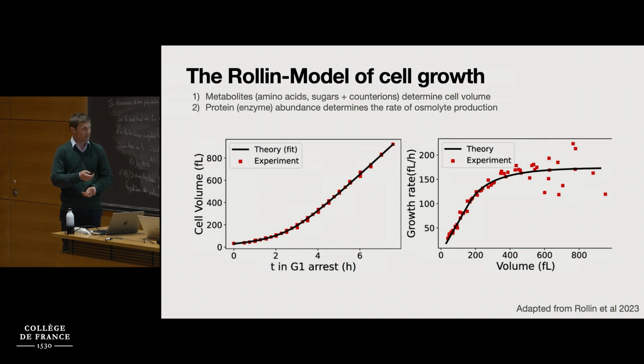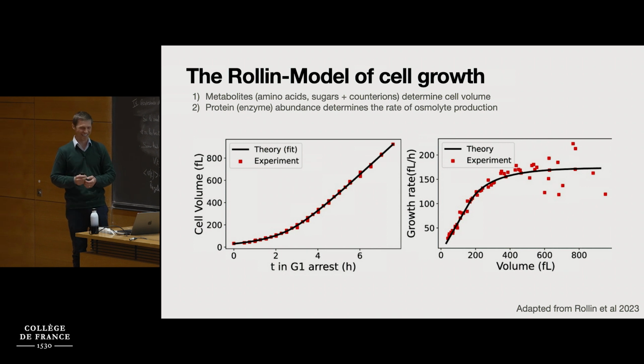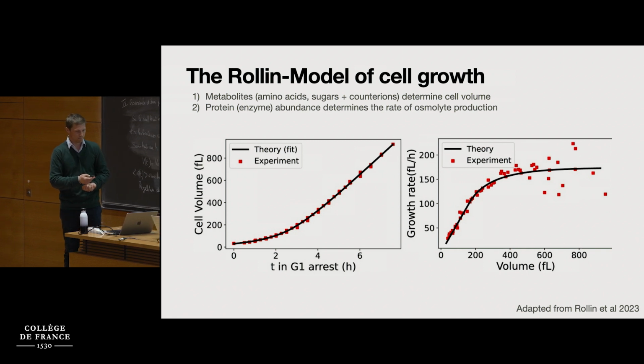Romain put all of this into a quantitative pump-leak model that takes into account all the basic osmotic equilibria, and I was really amazed by how well this model fit the data that we had previously obtained.